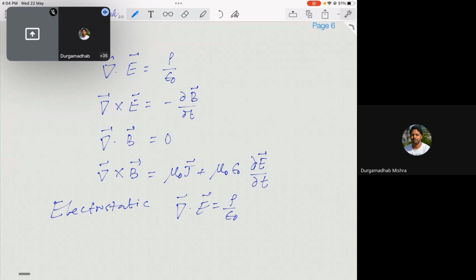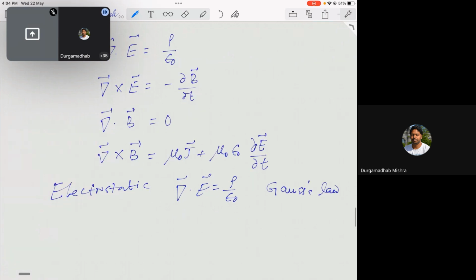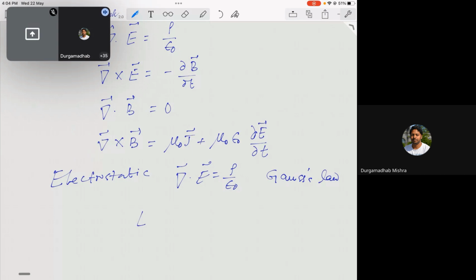Rho is the charge density, and this is nothing but Gauss's law, which you can also write in an integral form as the closed surface integral of E dot ds, which will be equal to the total charge enclosed within that surface divided by epsilon naught.